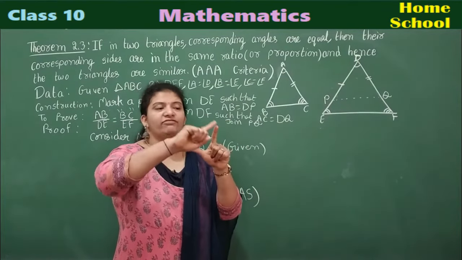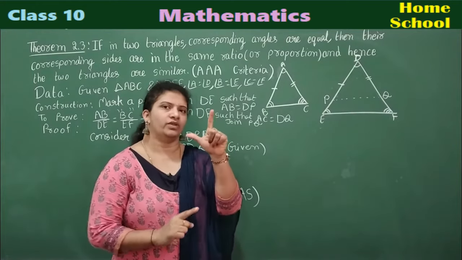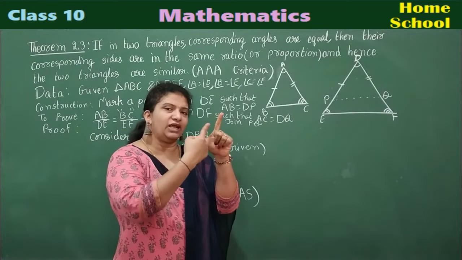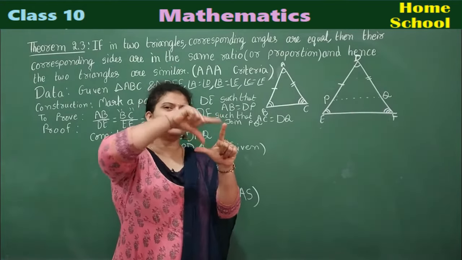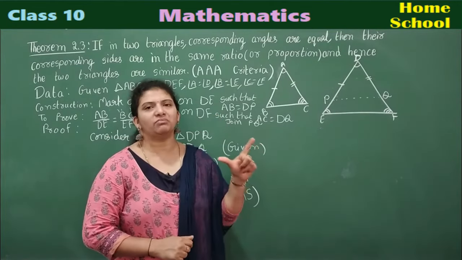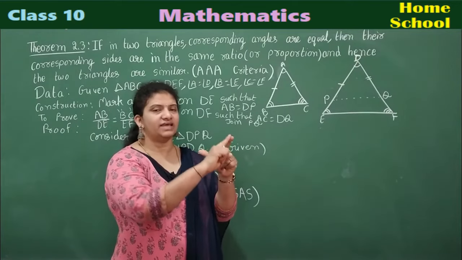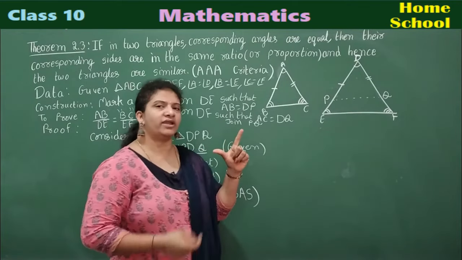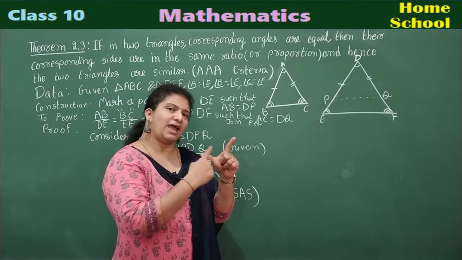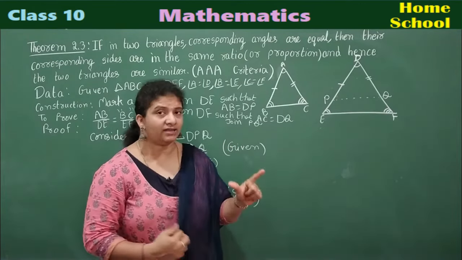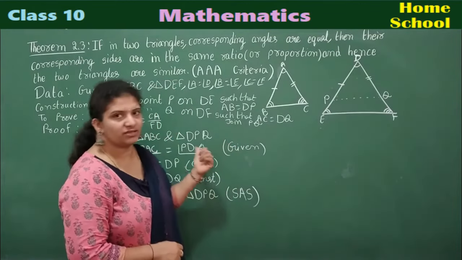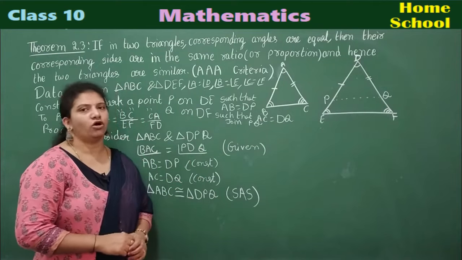If the angle is here, you cannot prove. The angle must be included in between the two sides. Then only I can prove SAS postulate. Side, angle, side. For the other corresponding triangle, side, angle, side. If they are same, then I can say those two triangles are congruent.